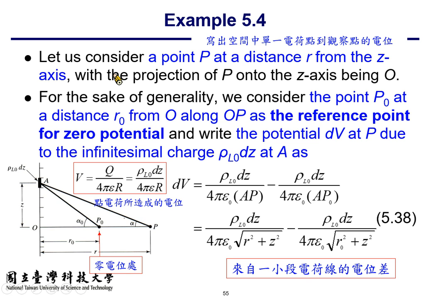Here we assumed the zero voltage position is here, okay? Your question may be why not place the voltage reference at infinity? The answer is no, that will complicate the math problem.